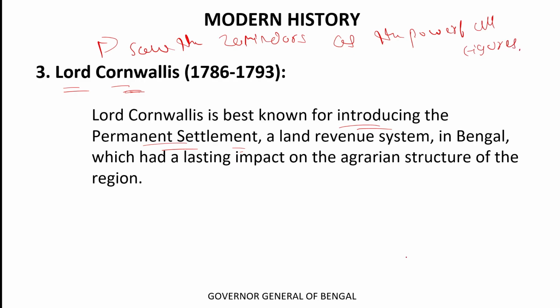In the agrarian structure of the Indian economy, the zamindars were powerful figures who owned nearly about 400 villages, and they were responsible for maintaining these villages, revenue, administration and judiciary. So when Lord Cornwallis came to India as Governor General of Bengal, he had a task to maximize the revenue. So what he did, he introduced the permanent settlement.